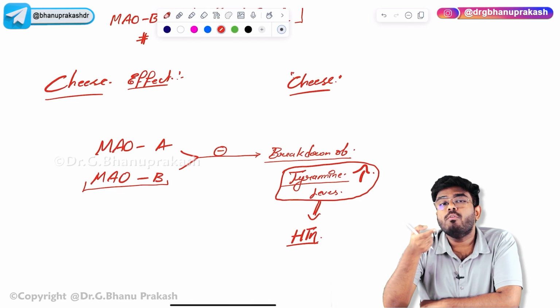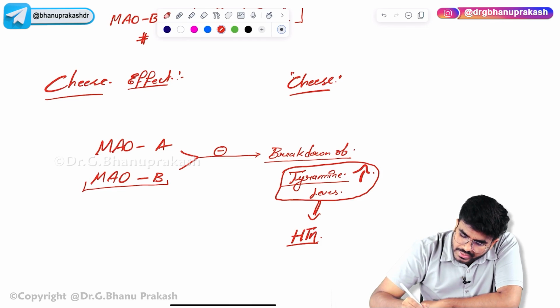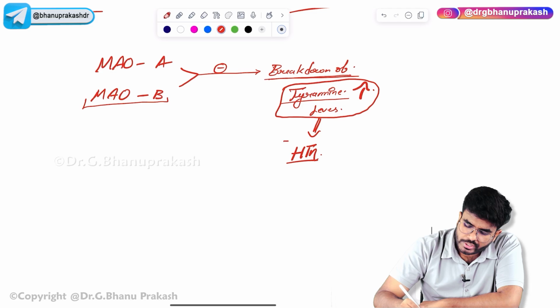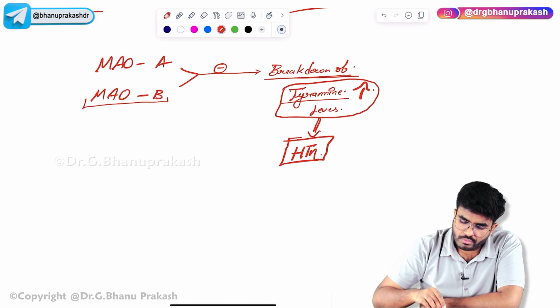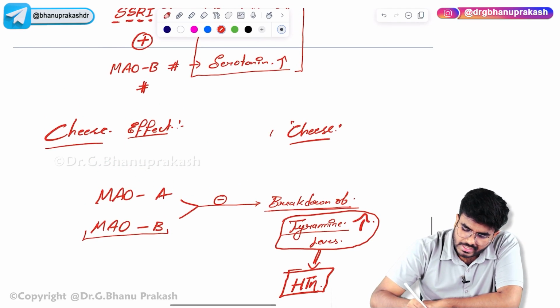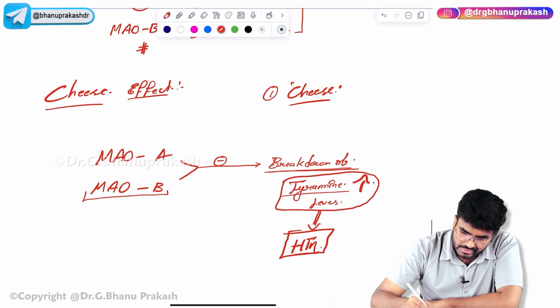Now when I take an MAO-B inhibitor like salicylic or an MAO-A inhibitor, the tyramine breakdown is not occurring. So tyramine levels increase, and that tyramine is going to cause a hypertensive crisis. Okay. So where do you have tyramine-rich foods? The tyramine-rich foods are, one, cheese, cottage cheese. Next, you can have it in red wine.